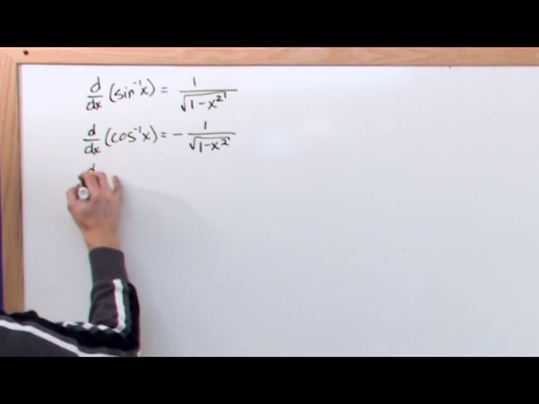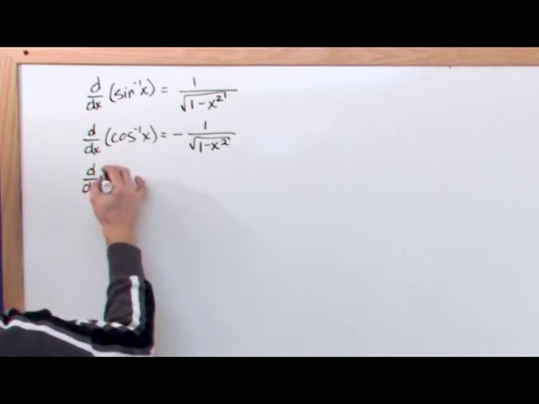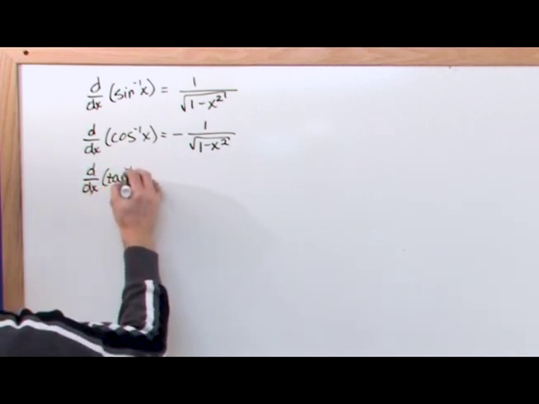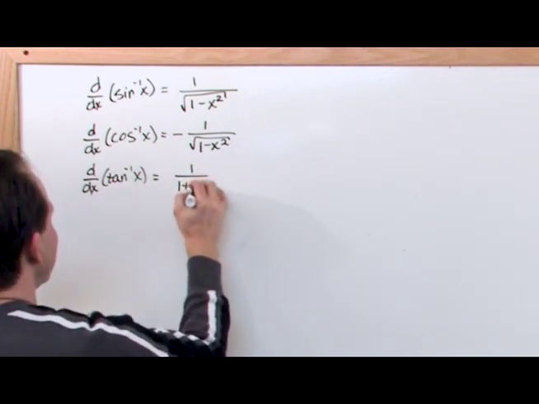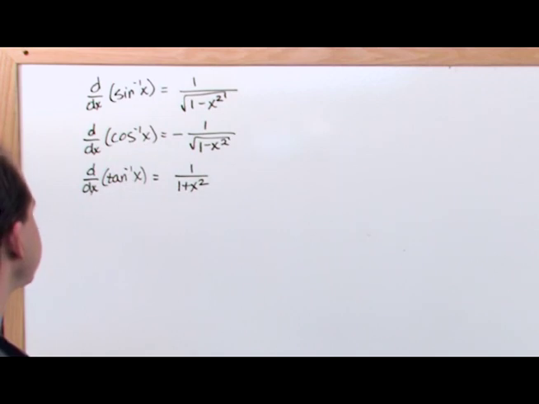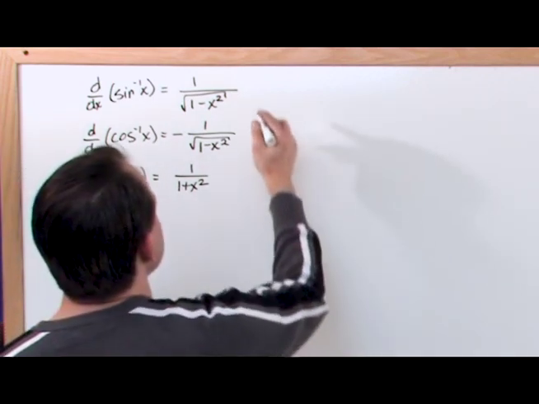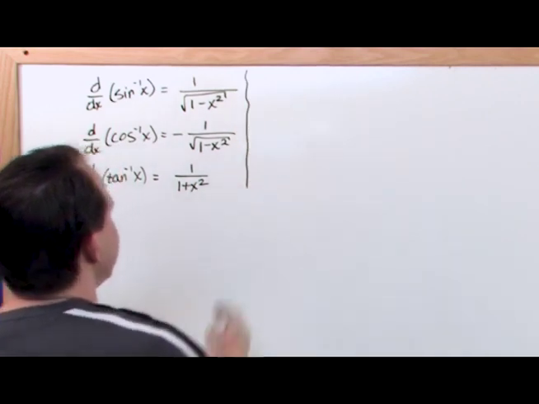The derivative of the inverse tangent function is equal to 1 over 1 plus x squared. And let's just go ahead and continue on over here to make best use of the board.